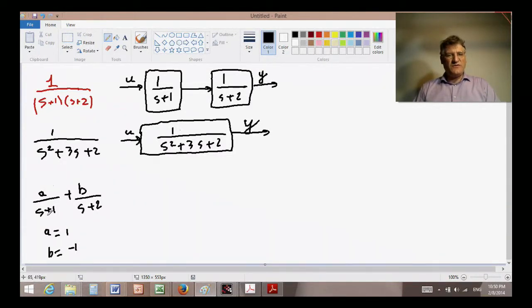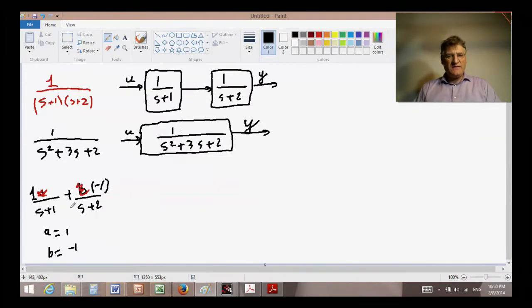Indeed, s plus 2 minus s minus 1 is 1. Let me replace a and b by their value. One here and minus 1 there.